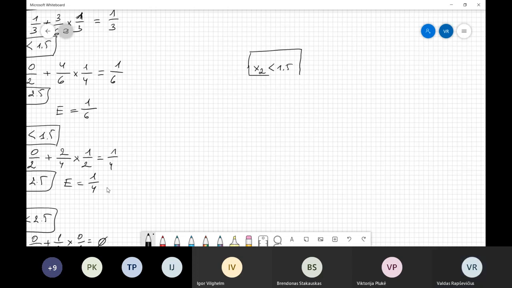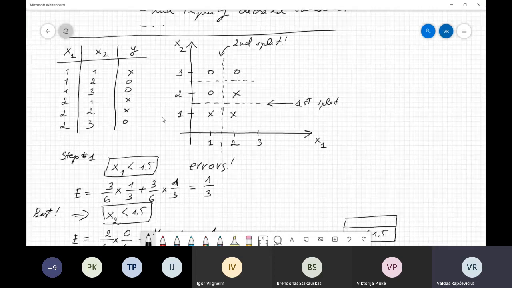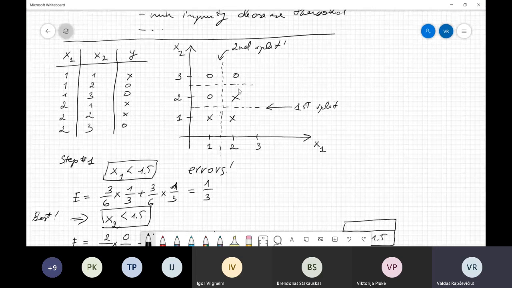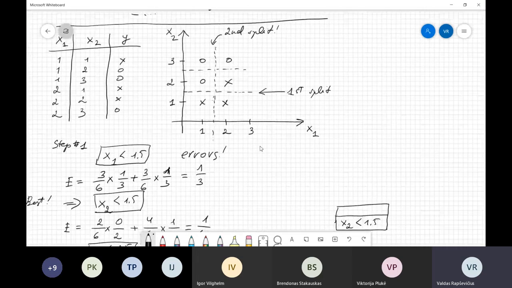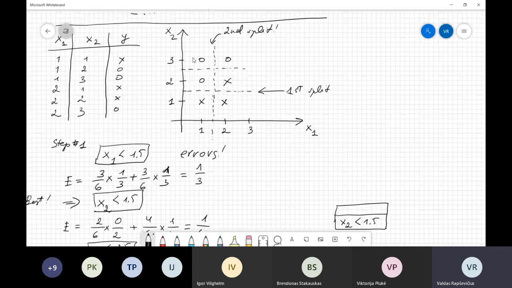This is the first split. And the situation before the split, the error before the split, or the probability of deciding where we need to go, is actually 50-50, right? Because the majority class is, for instance, circles, right? Majority class would be circles. It doesn't matter to us which one to choose.